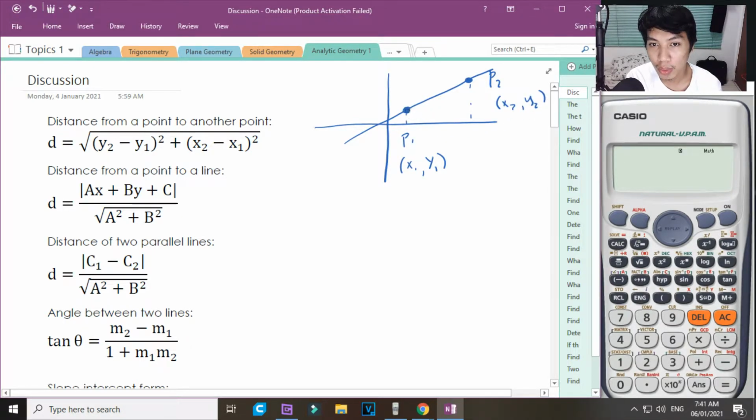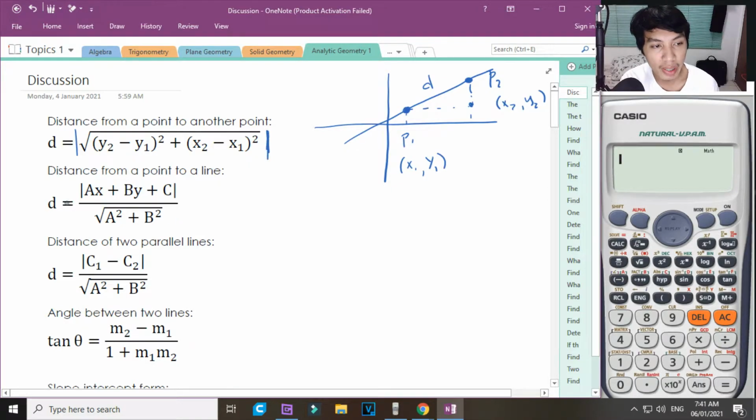Now, yung points na yan, madidetermine mo yung length nung line na yon or the distance of this point to a point using this distance formula. Substitute mo lang yung mga value dito. And this is absolute value dapat, kasi minimeasure mo yung distance.